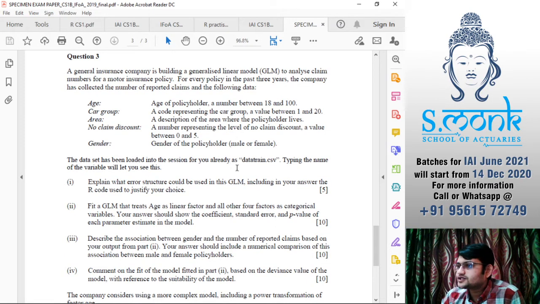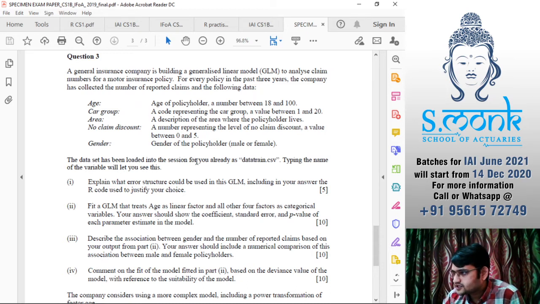Now in this question, you see a general insurance company is building a generalized linear model, GLM, to analyze claim numbers for a motor insurance policy. For every policy in the past year, the company has collected the number of reported claims and the following data. Okay, these are the data.